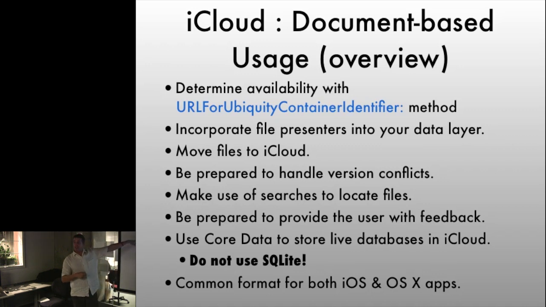So that's the very first thing that you'll do to make sure that iCloud functionality is enabled. Next thing that you'll do is incorporate what are called file presenters in your data layer. We're going to talk more about that in a second. But that essentially tags files with objects that are notified when that file is updated or changes or gets erased. And we'll talk about that in a second.